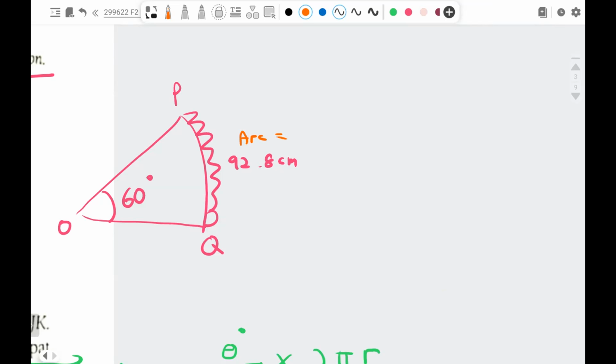How to find the length of arc? Yep, Erwin, yep.